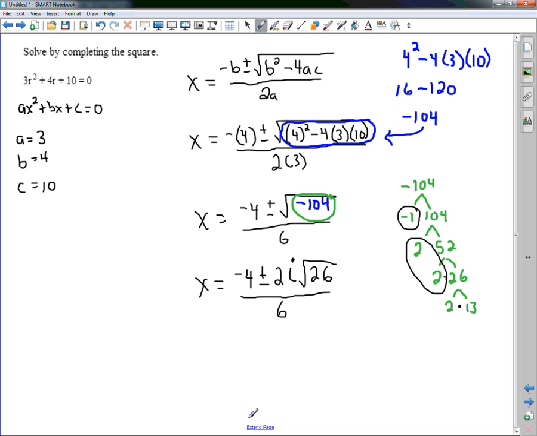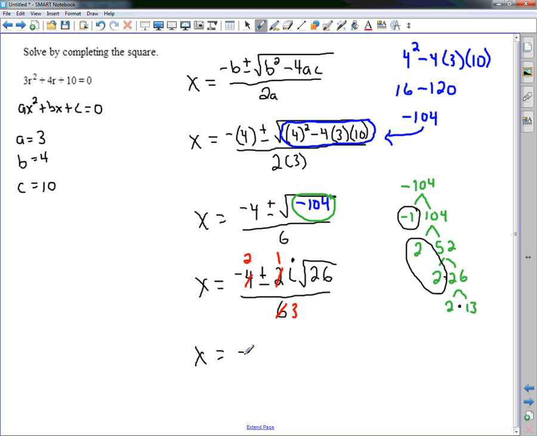Now, we can reduce in the quadratic formula if all three parts have a common factor that we can reduce out. So notice that 4, 2, and 6 all have a 2 in common. I'm going to reduce a 2 out of all of these. And that should leave me with my final answer.